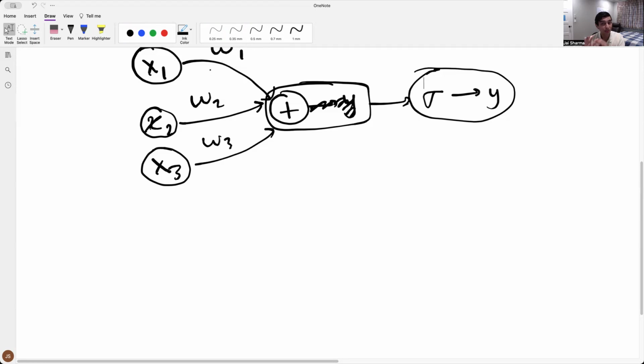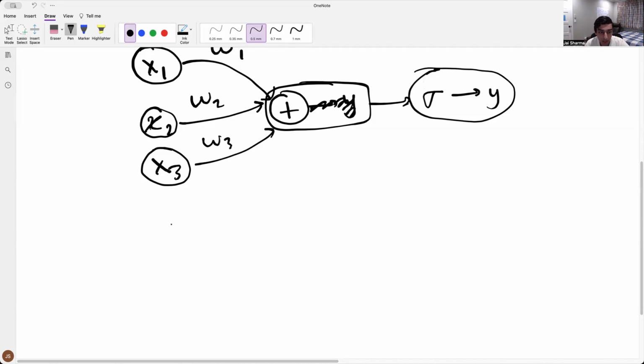There is something over there that's being multiplied by x1 in order to feed that in and get y. I might also not write this plus sign over here, and I might not write this sigma sign. I'll just make it clear if I'm talking about linear regression or logistic regression. If it's logistic regression, it'll have a sigmoid, and if it's just linear regression, then it won't have a sigmoid in there.